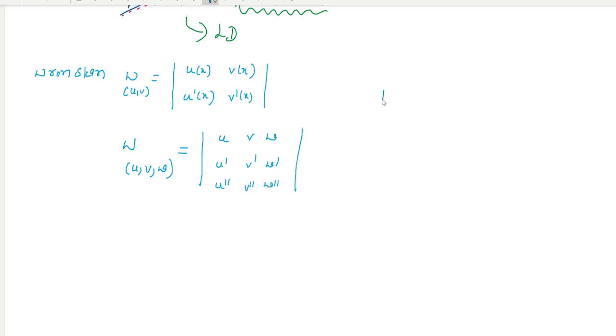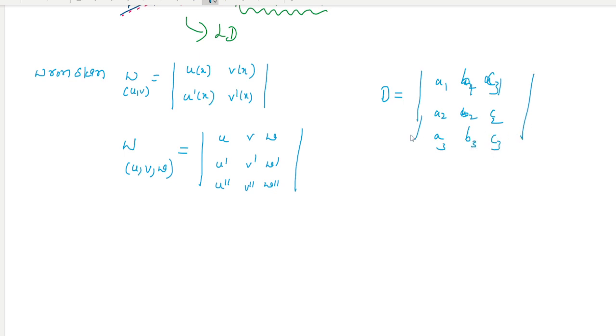Then we take the determinant D of the entries a1, b1, c1, a2, b2, c2, a3, b3, c3.